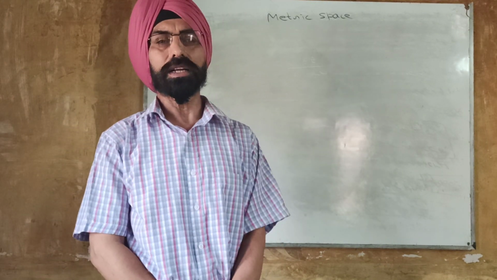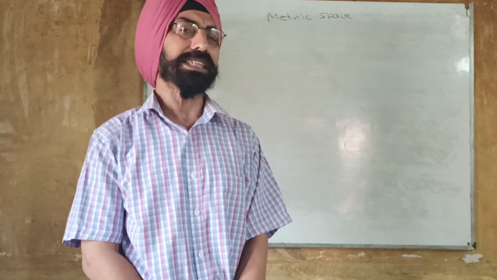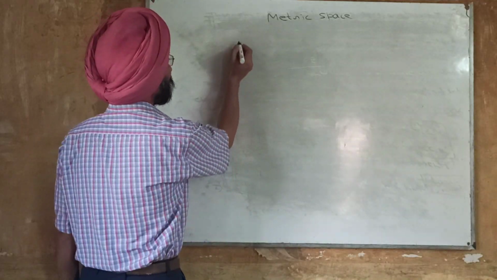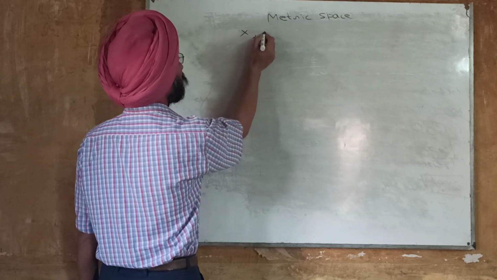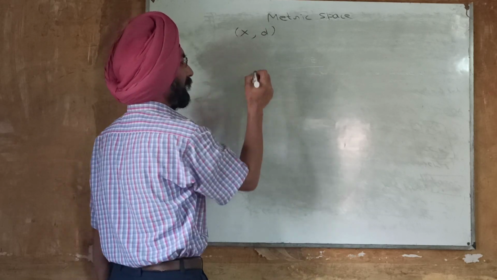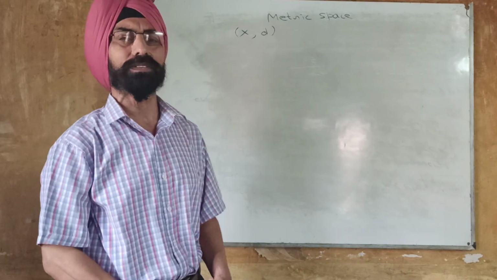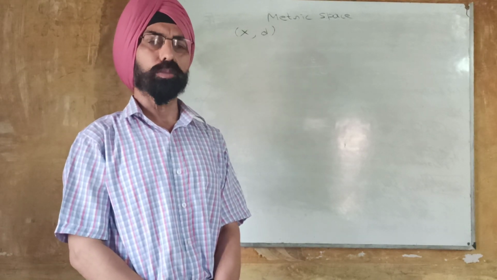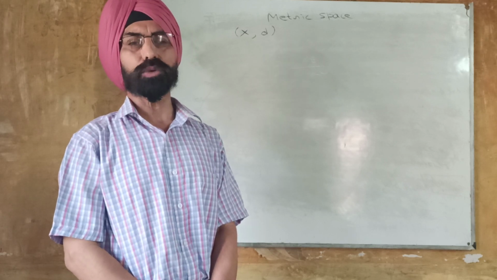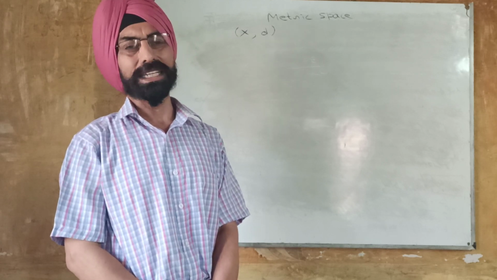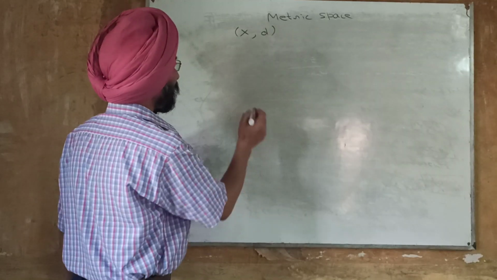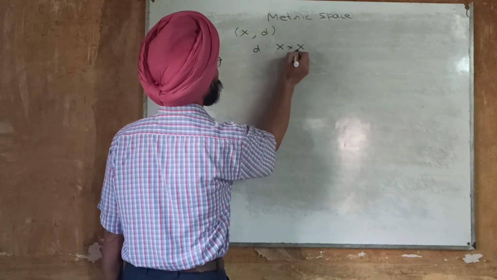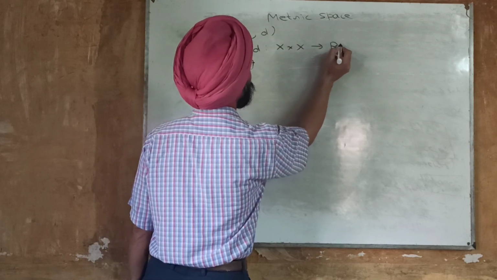So first of all, what is a metric space? A metric space is a non-empty set X along with a metric D. Metric D means a function D. D is actually a function whose domain is the Cartesian product of X with X. So D is a function from X cross X to R plus.